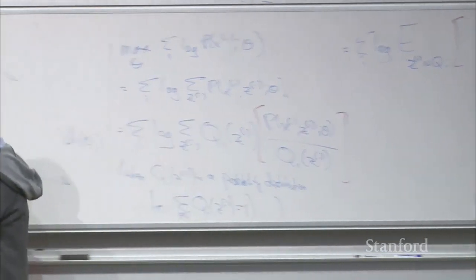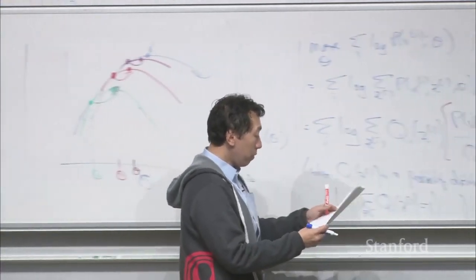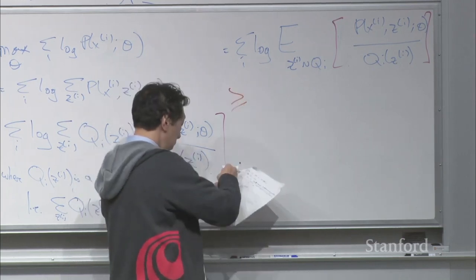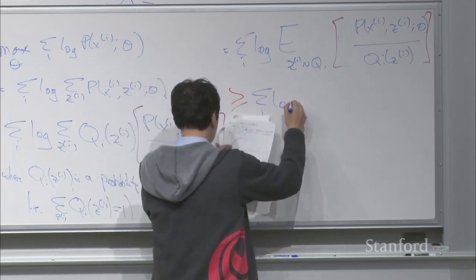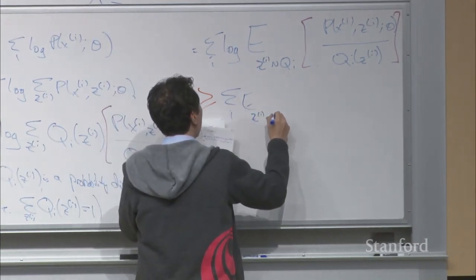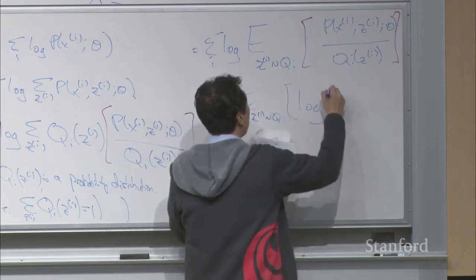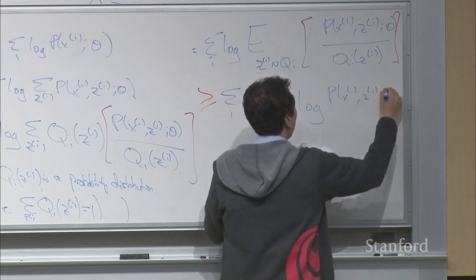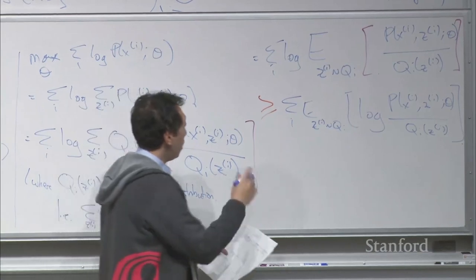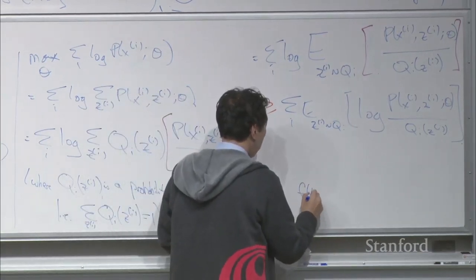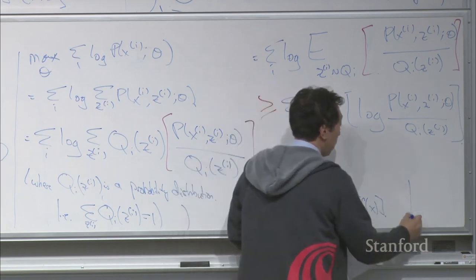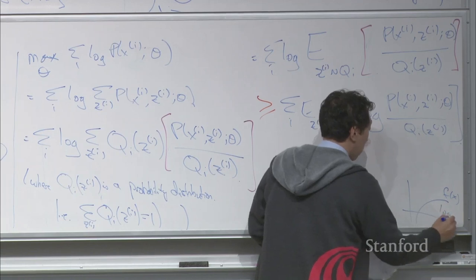Now, using the concave form of Jensen's inequality, we have that this is greater than or equal to... So this is a form of Jensen's inequality where f of E x is greater than or equal to E of f of x, where here this is the logarithmic function, right?